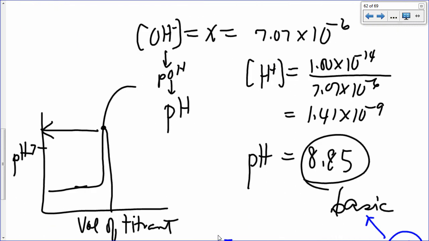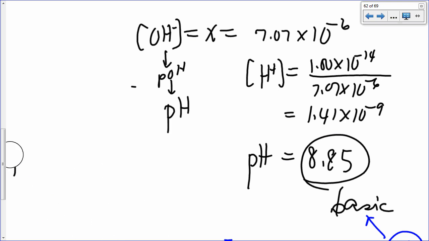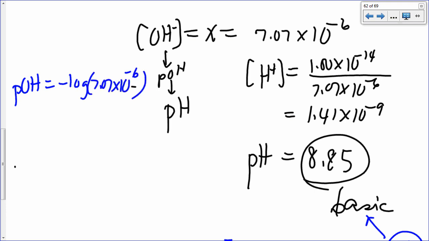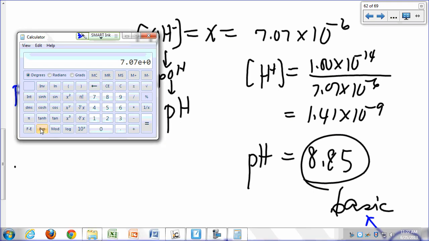Now, is there another way you can solve for the pH? You can go with the pOH. Quick review. How do you get pOH? Minus log of 7.07 times 10 to the negative 6. Log of that, take the negative, that's 5.15.